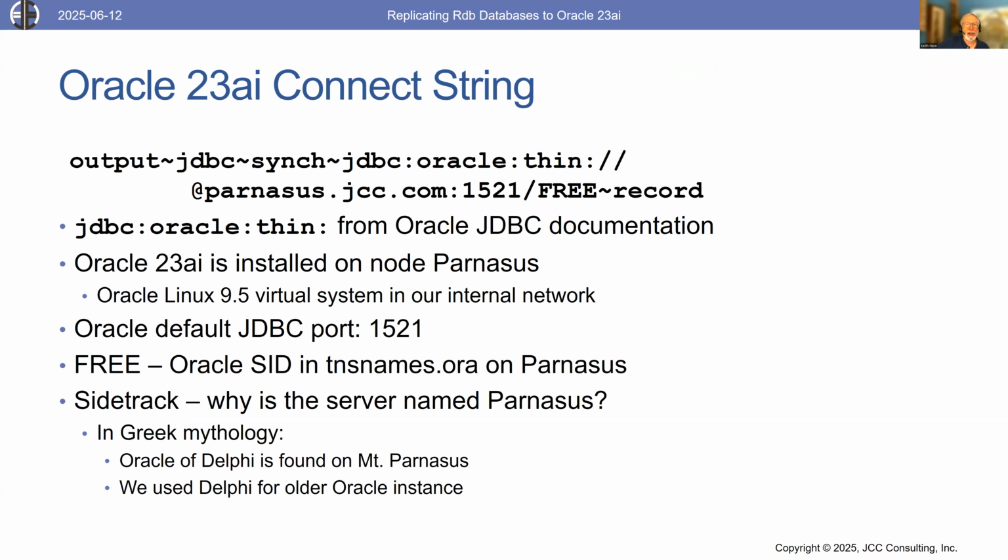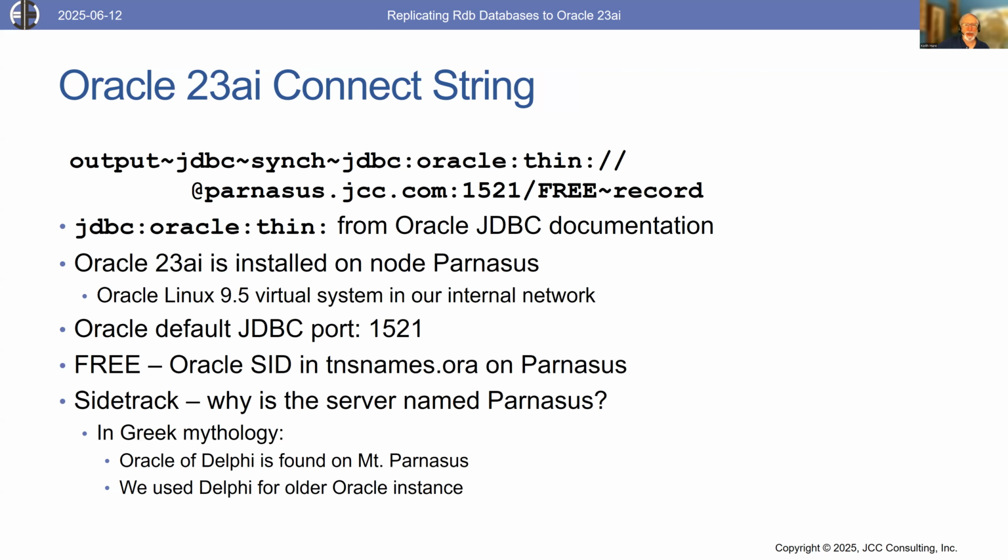Oracle 23ai is installed on the node Parnassus, which is a Linux 9.5 VM in our network. The default port is 1521. If you've changed that in your Oracle configuration, then it has to match here.